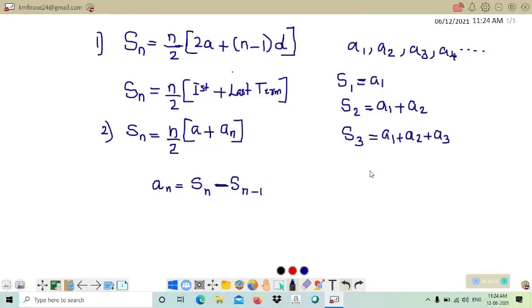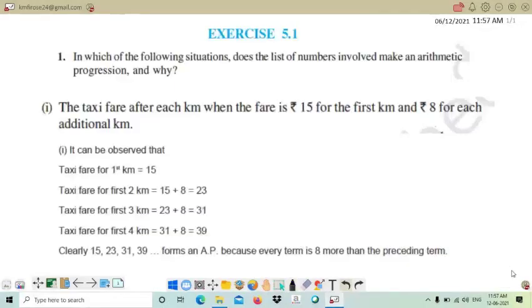Okay children, so now let us discuss the exercise questions of this chapter. Exercise 5.1. Question number 1. In which of the following situations does the list of numbers involved make an arithmetic progression, and why?